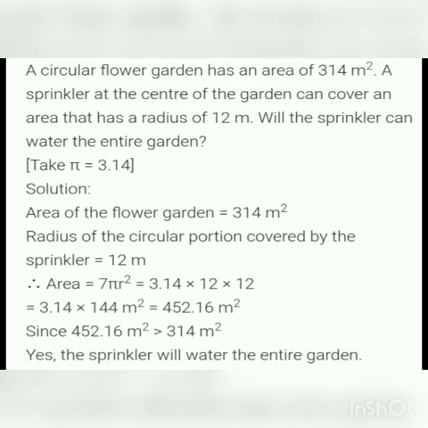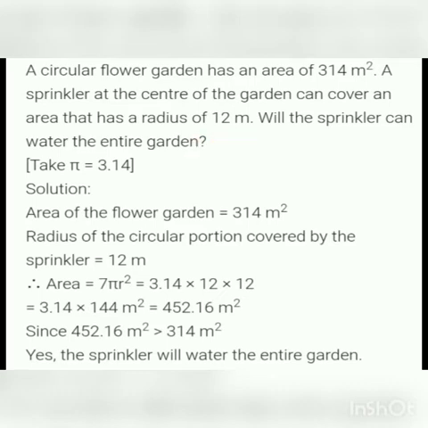For that, the radius of the watered portion, that area's radius, is given as 12 meter, isn't it? The sprinkler at the center of the garden can cover an area that has a radius. That means the area that the sprinkler covers, its radius is given as 12 meter.